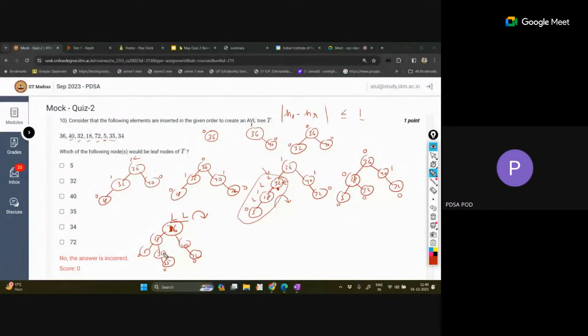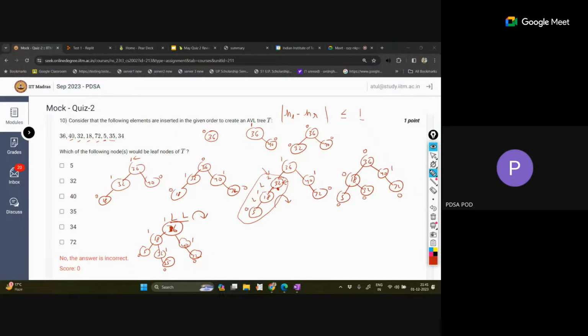The balance factor for 32 is 0 minus 1, 1, same for this 40. The balance factor for 18 is 1 minus 2, so 1. And for 36, 1, 2, 3, so 3 height on the left side and right is 2. So 3 minus 2 is 1. All are equal to or less than 1, so this is fine.